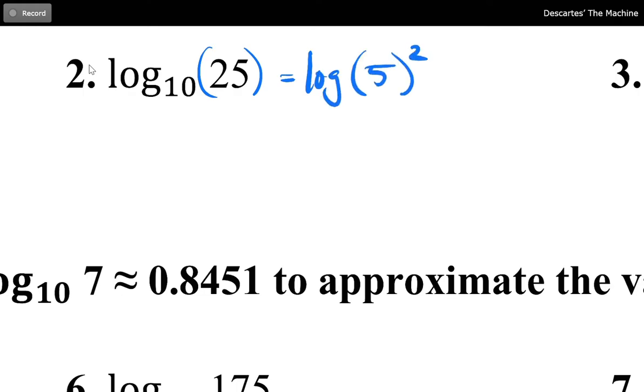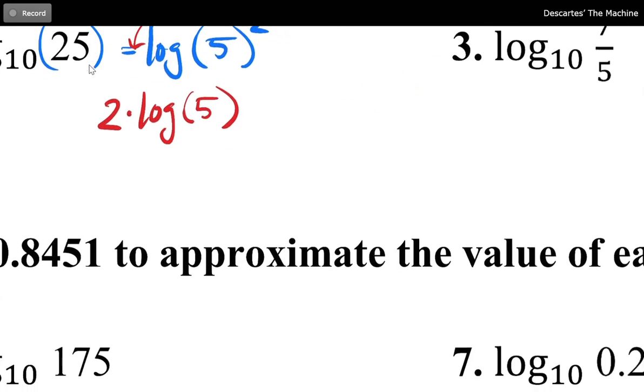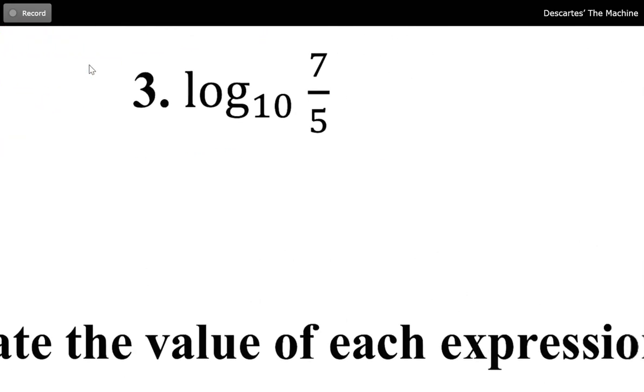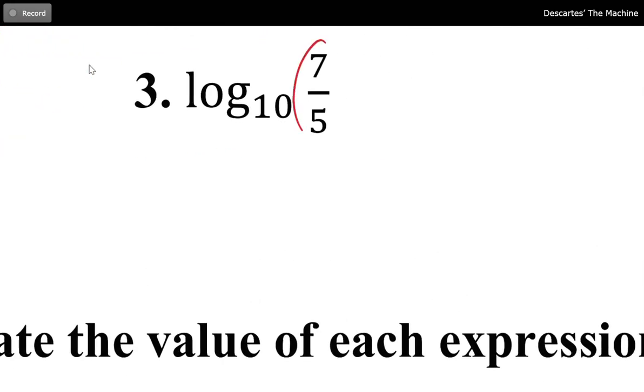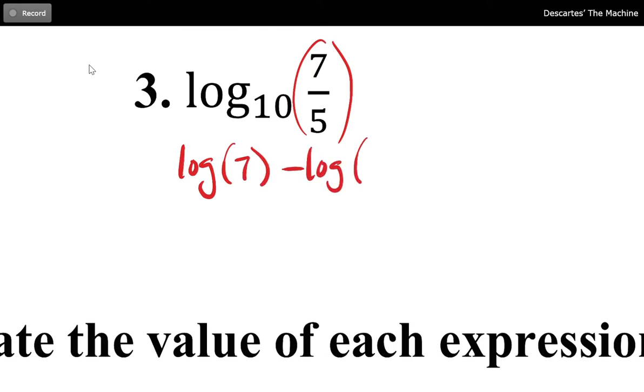And so I can take the exponent of 2 now and I can throw it down as a multiplier. This now becomes 2 times log of 5. Okay, and again over here on number 3, log base 10 of 7/5. There's your argument. So this is now going to be log base 10 of 7 minus log base 10 of 5. So that's how you would write that in terms of simpler things.